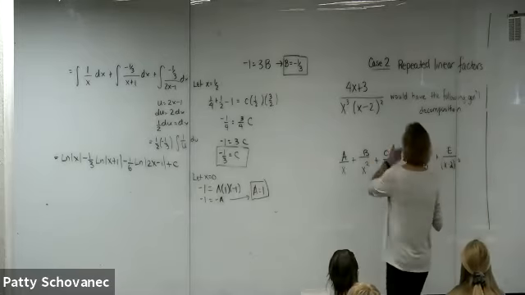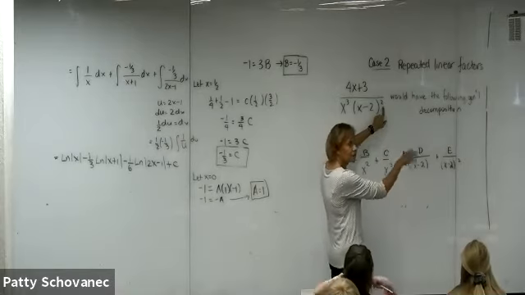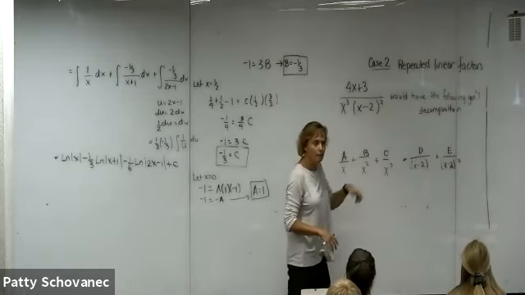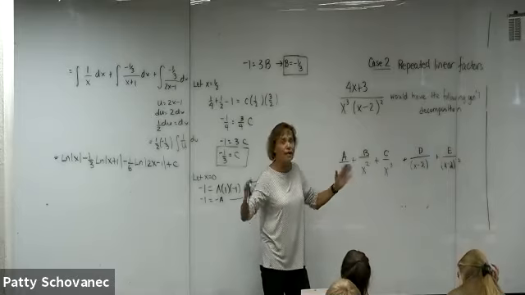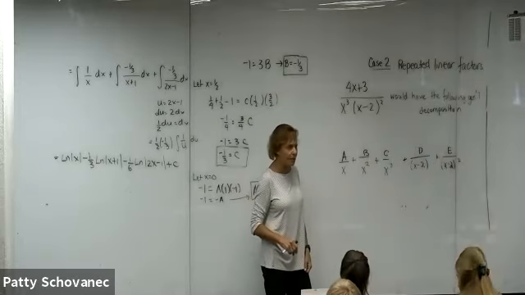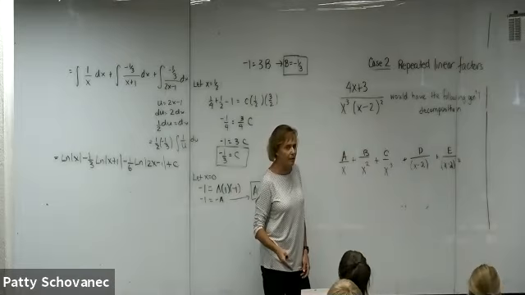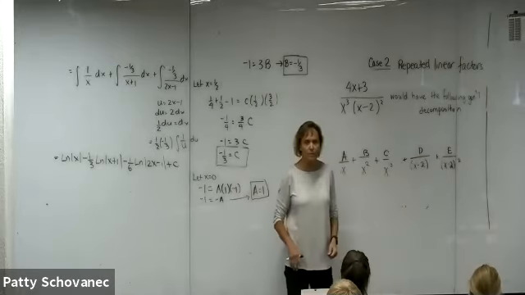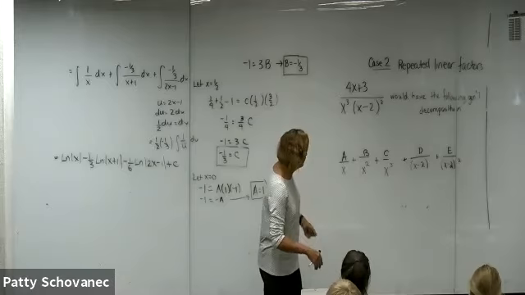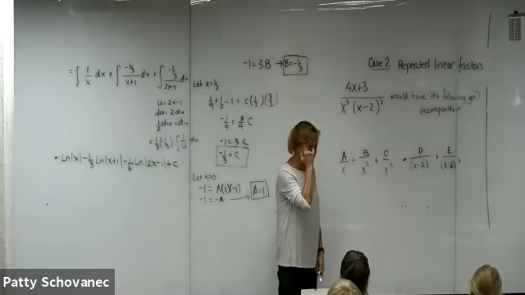So if this were an 8th power, I'd have to go all the way up to the 8th power: x minus 2, x minus 2 squared, x minus 2 cubed, and so on. Because in general, that list of factors has that as the common denominator. So you can't just assume that some of them will not be there. So I can't just say something over x cubed plus a something over x minus 2 squared. It is possible that I had other factors of lower degree added to them.